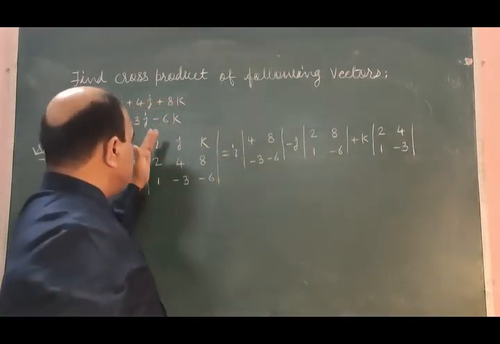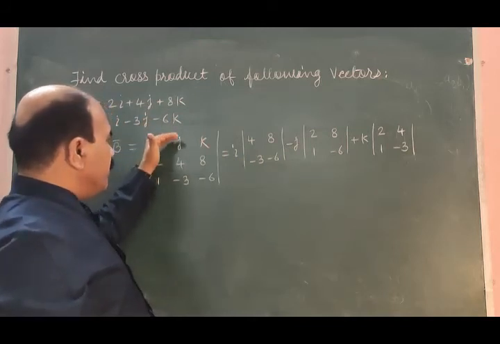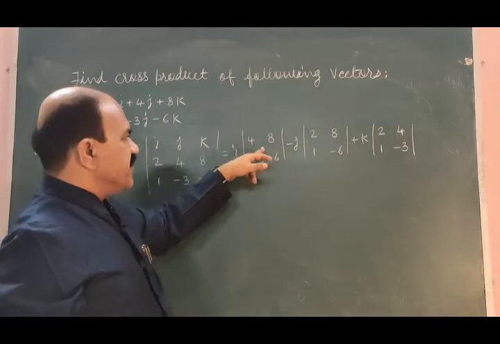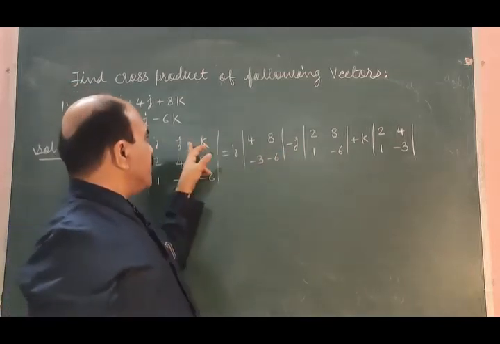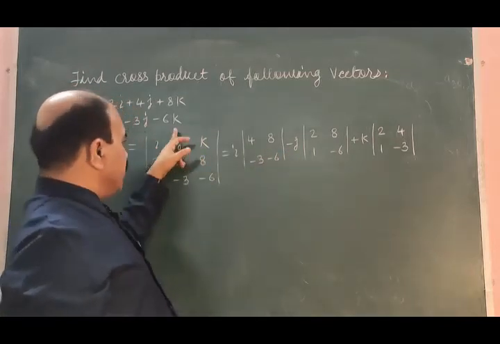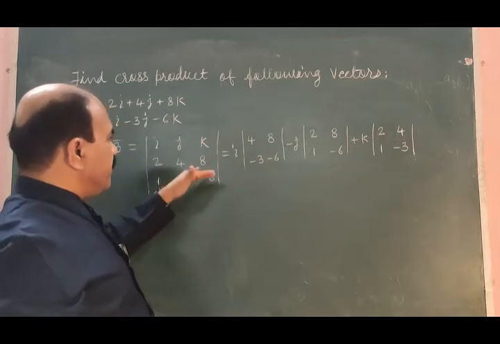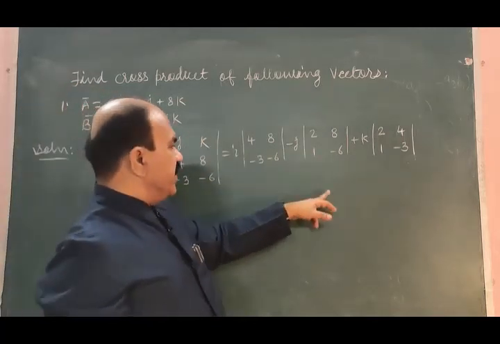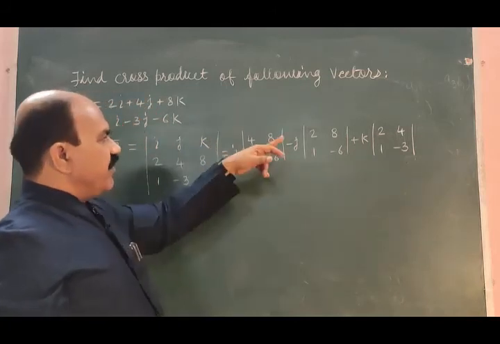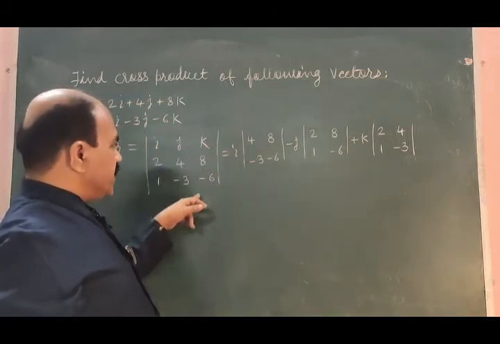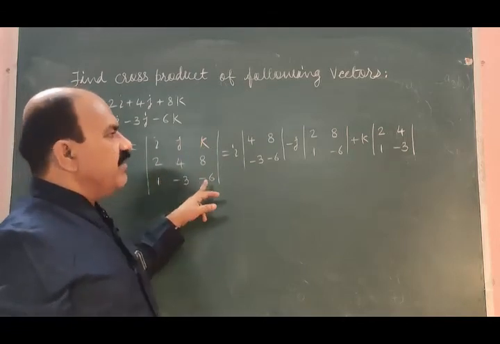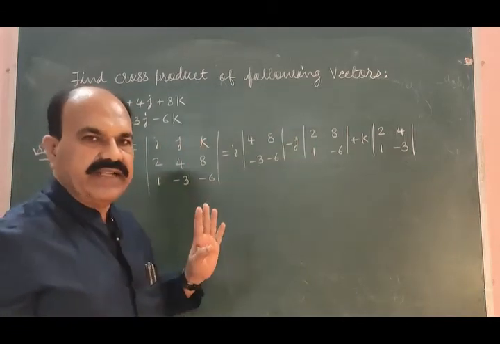When i is taken, this column and this row skipped, what is left? 4 8 minus 3 minus 6 written here. When minus j is taken, this is skipped, what is left? 2 8 1 minus 6. When k is taken, this is skipped, what is left? 2 4 1 minus 3, written that way.